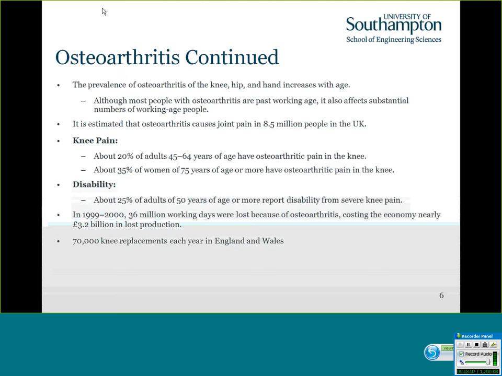In terms of disability, around 25% of adults of 50 years of age or more report disability from severe knee pain. In 1999 to 2000, 36 million working days were lost due to osteoarthritis, costing the economy £3.2 billion in lost production. Also, around 20,000 knee replacements are performed each year in England and Wales, obviously causing a great deal of expense to the national health system.